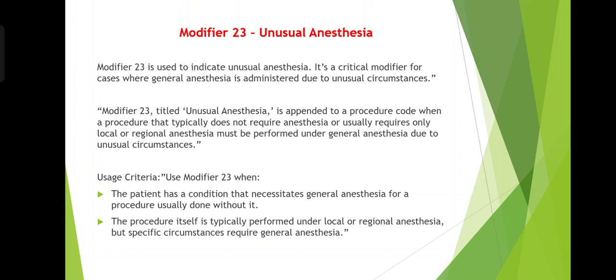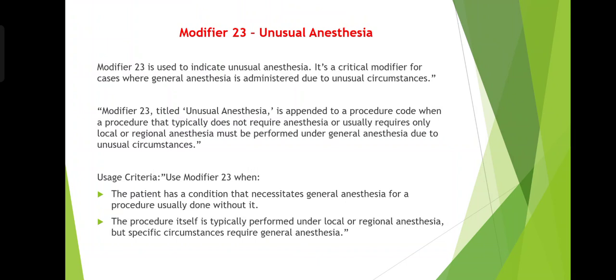It means any procedure that is normally not performed under anesthesia sometimes may be performed under local anesthesia or regional anesthesia, but in some exceptional circumstances that particular procedure may require general anesthesia. In that case, we need to use modifier 23.